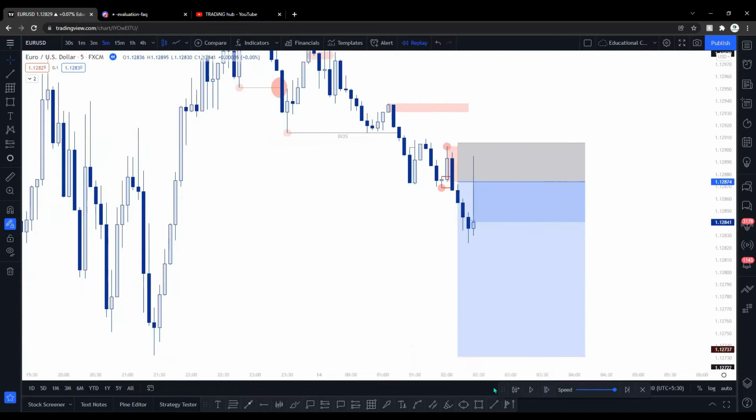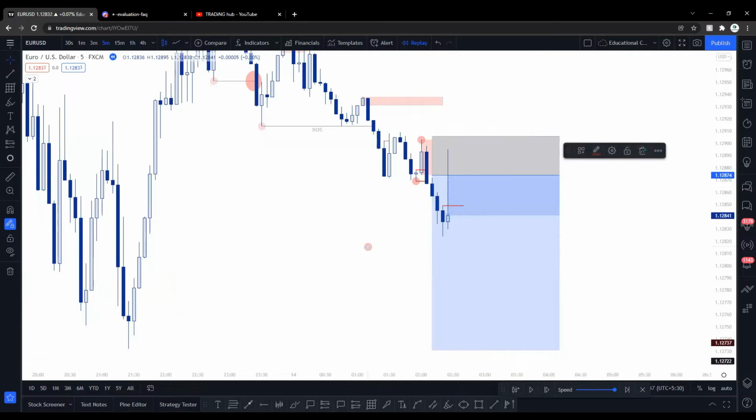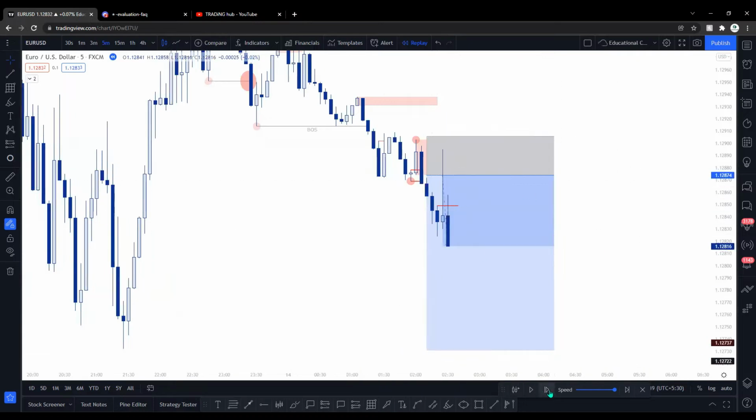And now this one is still a not confirmed low, because the next candle did not close above it. So maybe the market pushes more downside, then creates a confirmed low. We would like to wait for the confirmation.